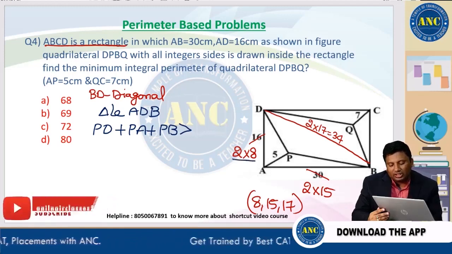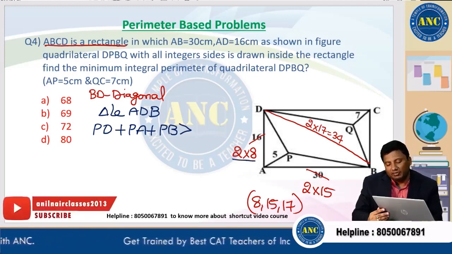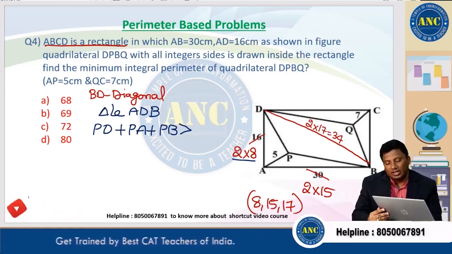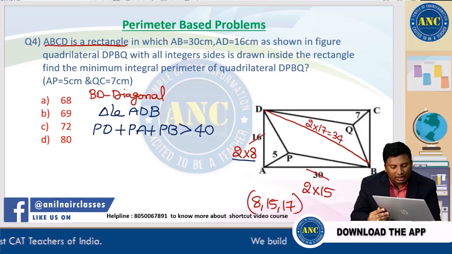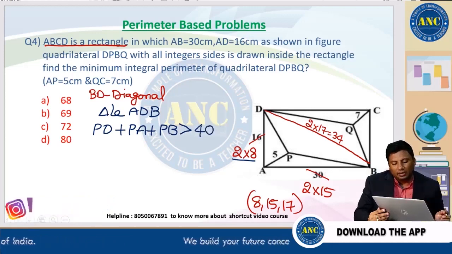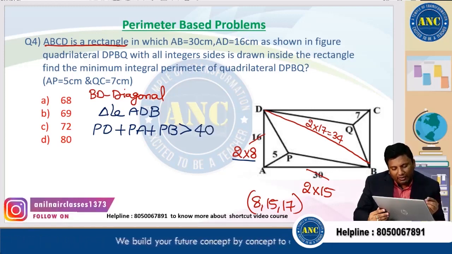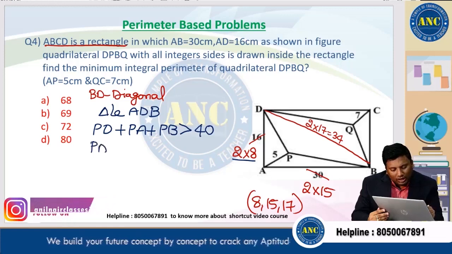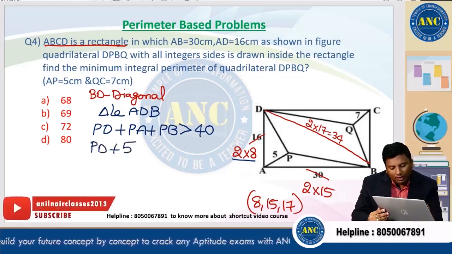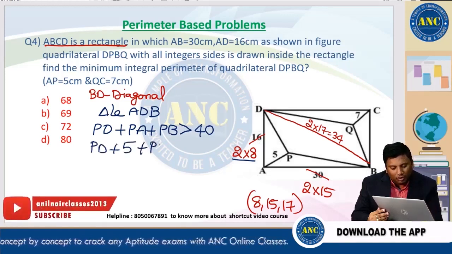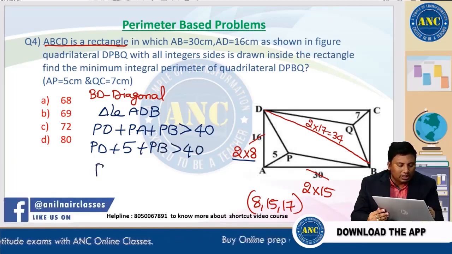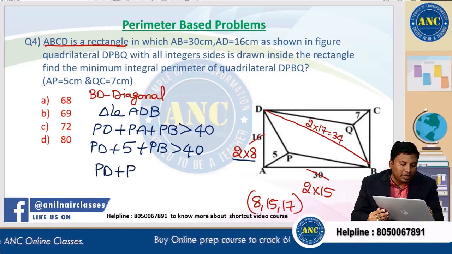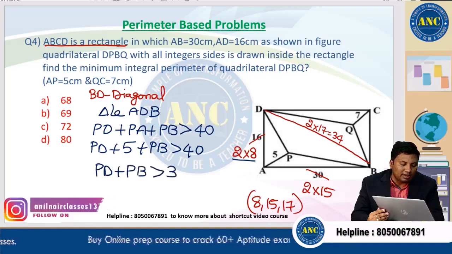Two 8s are 16. 16 plus 30 is 46. 46 plus 34 is 80. The semi-perimeter is 40. PD plus PA plus PB: what is the PD value? We don't know. What is the PA value? 5. What is the PB value? We don't know. So PD plus PB is greater than 35.